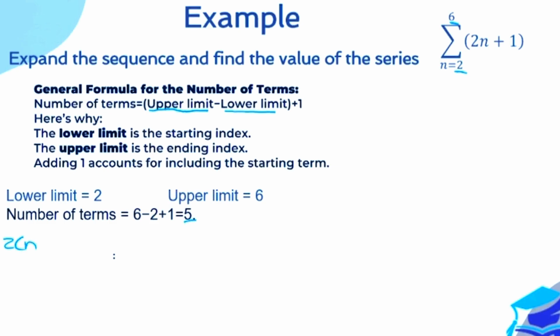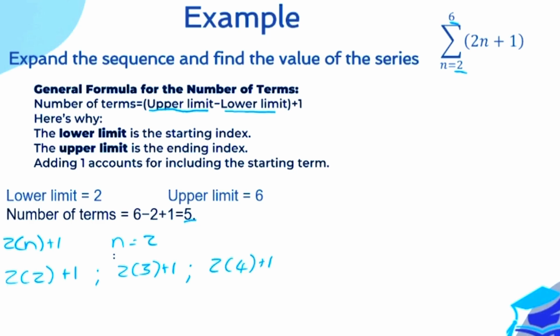We use the argument we're given, 2n plus 1, to work out the first value we start with. We plug in n equals 2 first to give us 2 times 2 plus 1. For each next term, we add 1 to n. So if we started with n equals 2, then the next term will be n equals 3. So then we'll plug in 2 times 3 plus 1.